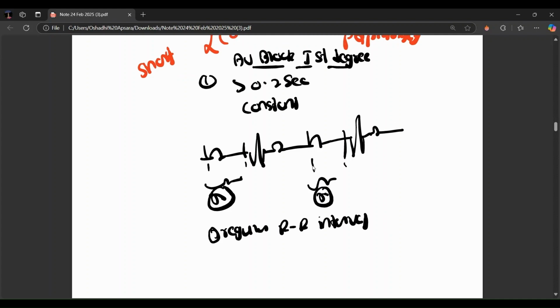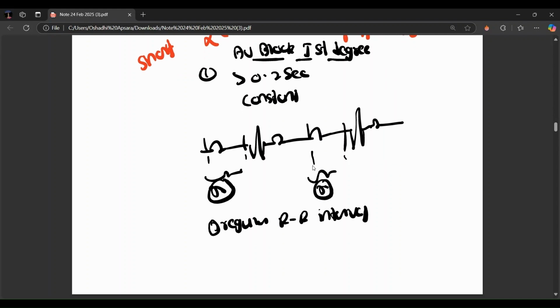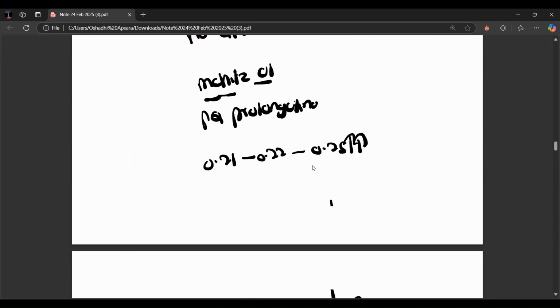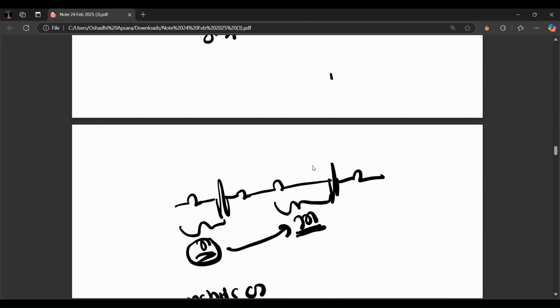So why is the PQ interval very important clinically in ECG? Because we can find blocks. Which blocks? Atrioventricular blocks. There are three degrees of block. First is AV block first degree. Next, AV block second degree. Second degree divides into Mobitz 1 and Mobitz 2, and there is AV block third degree.